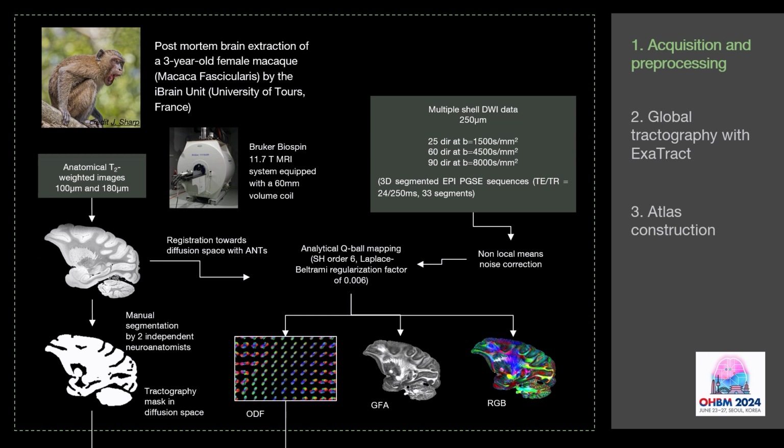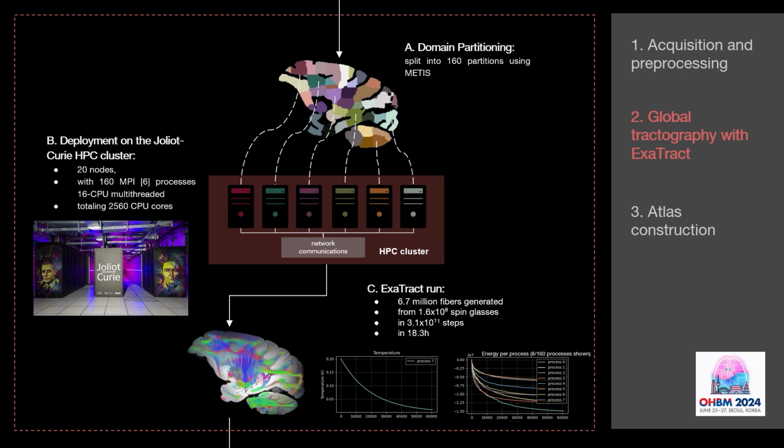We also performed T2-weighted anatomical images at 100 microns, from which we extracted a tractography mask manually, with all the sulci slightly eroded. The brain was then split into 160 partitions using Metis, a graph partitioning tool that enables balancing each of the partitions and limiting the size of the overlapping areas in order to prevent communication costs.